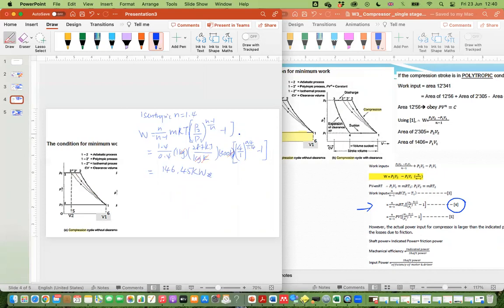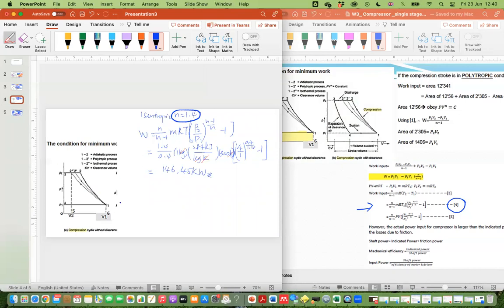Actually, the equation for isentropic and isothermal is similar. The difference is that isentropic is ideal and n equals 1.4. When you plug it in, you can compare which work is higher and which one is lesser.